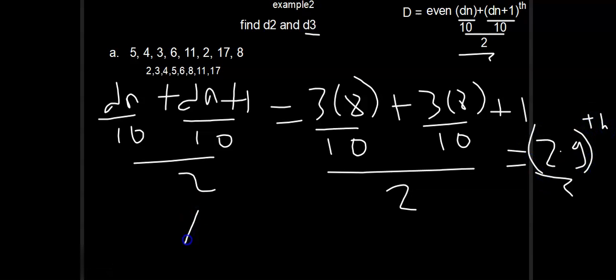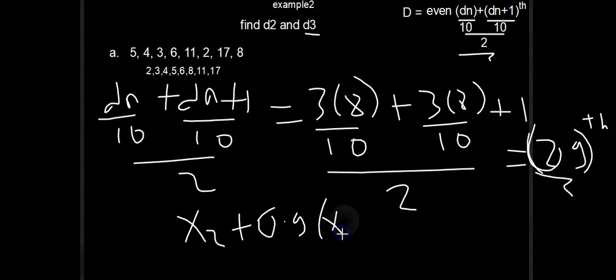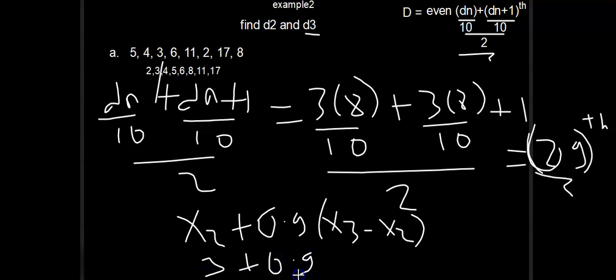So it's the same sort of process. So x2 plus, since I got 0.9, I'm going to say 0.9, and times by x3 minus x2. So x2 is my second term, and that is 3. And then plus 0.9, and x3 means my third term, and that will be 4 minus 3.